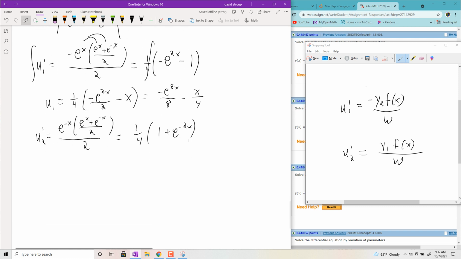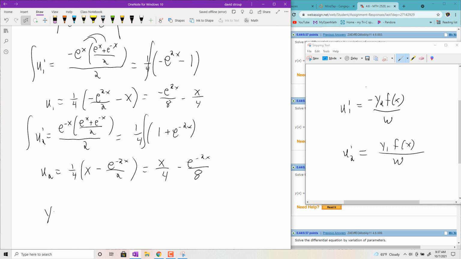Integrating both sides, u2 is 1/4 times x minus e to the negative 2x over 2, and distributing, x over 4 minus e to the negative 2x all over 8.